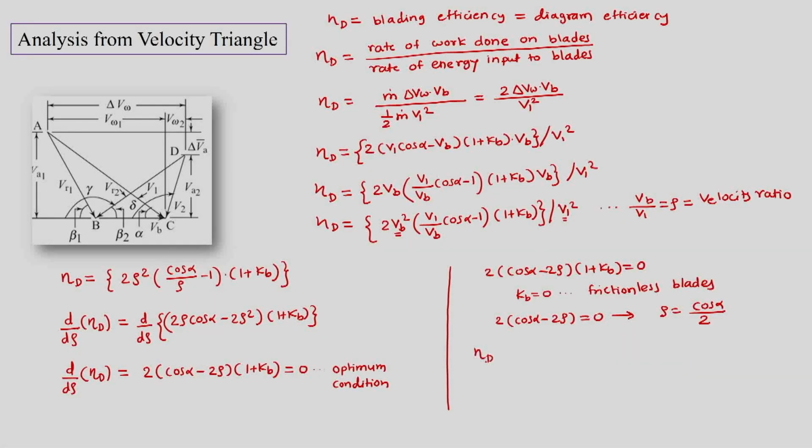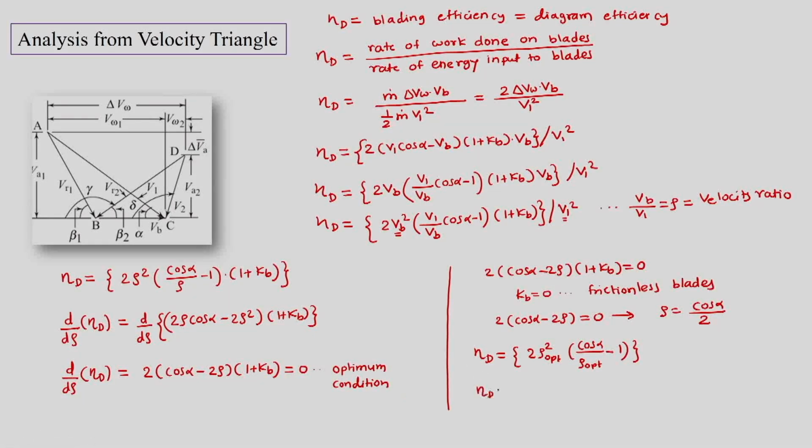So diagram efficiency can be written as 2 rho optimum square into (cos alpha upon rho optimum minus 1).